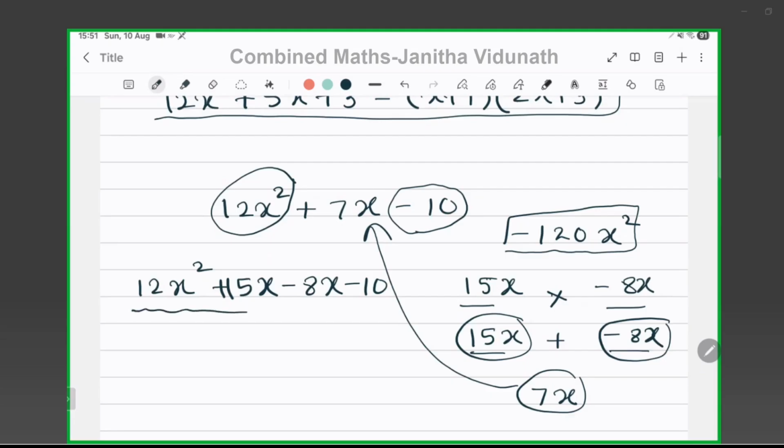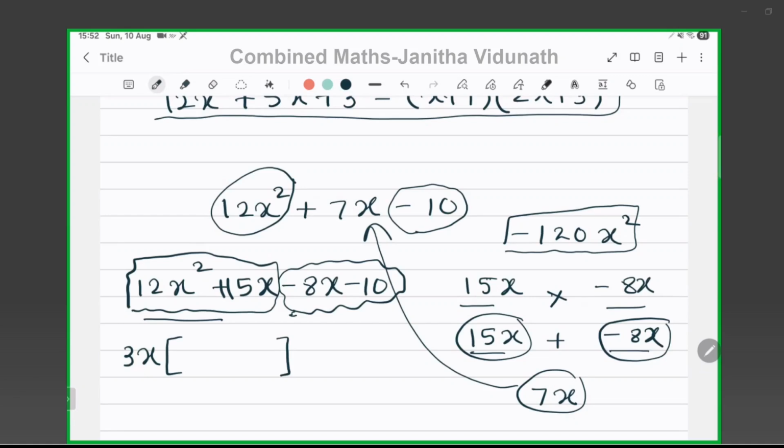Then by grouping these two terms and these two terms, we need to find common factors. From this, we can find 3x is the common factor. Then here 4x remains, and in this term plus 5 remains.